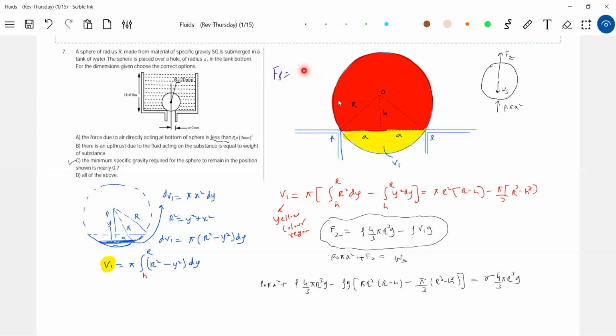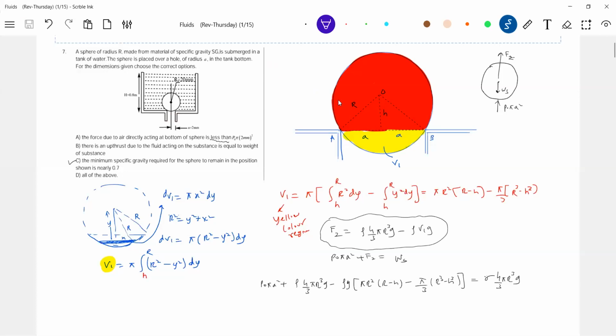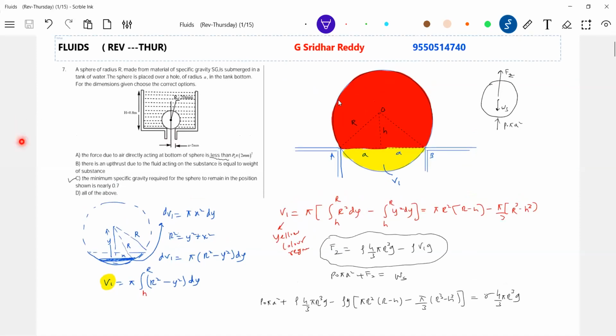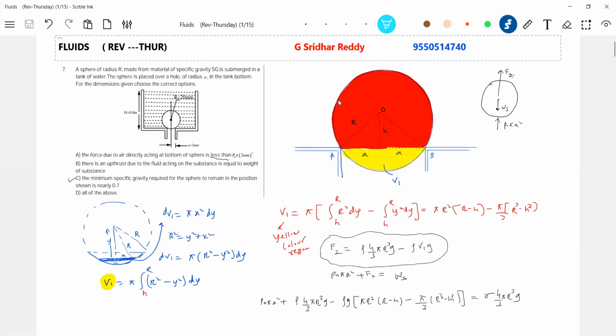Okay, now how to begin? Everywhere, liquid is present. I'll show it. So here, everywhere this liquid is present.